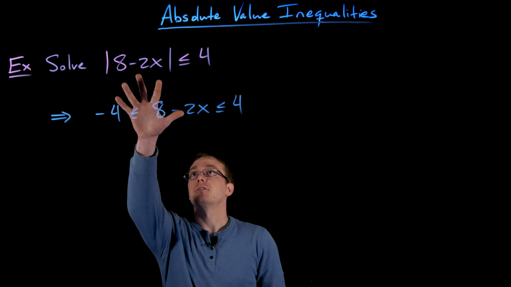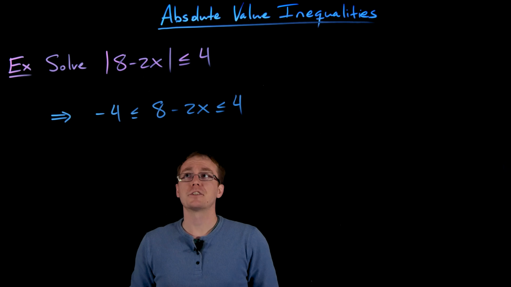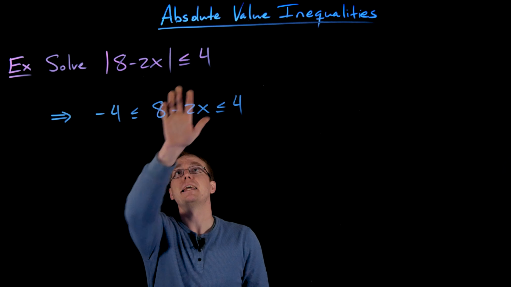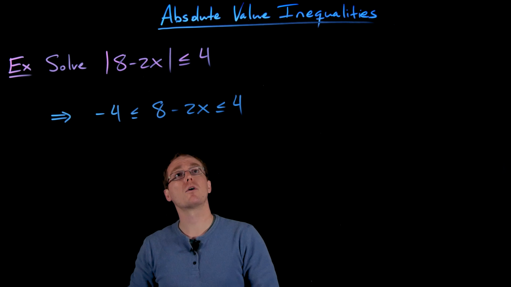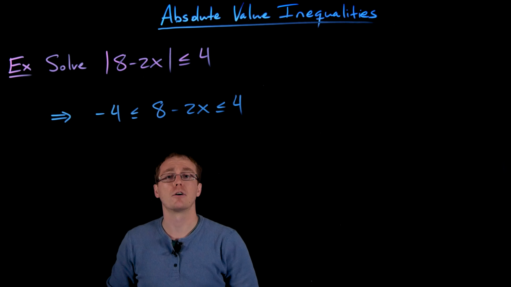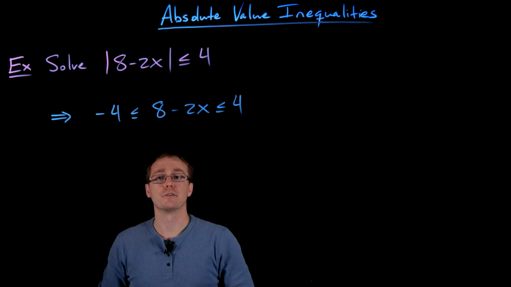So we drop the absolute value signs at a cost of making it a compound inequality. On the far left, we have our negative value, in this case -4, and on the far right, we just have the original far right-hand side of our inequality, +4.